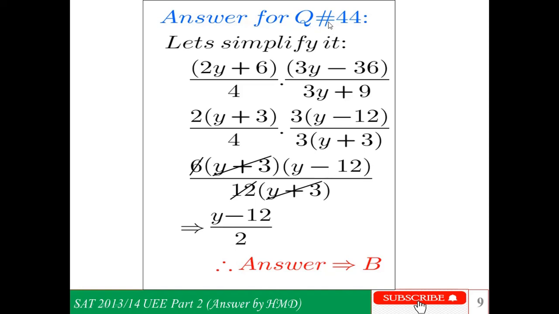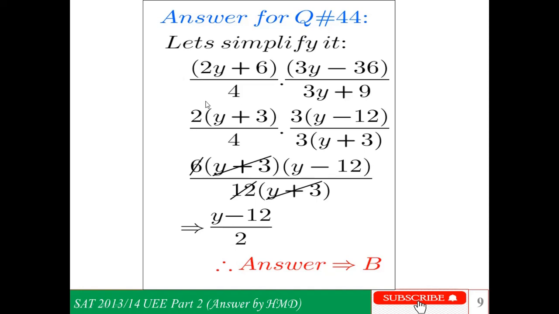Here is the answer for question number 44. Actually, the question is all about simplification of rational expressions. So the question is 2y plus 6 over 4 times 3y minus 36 over 3y plus 9, right?